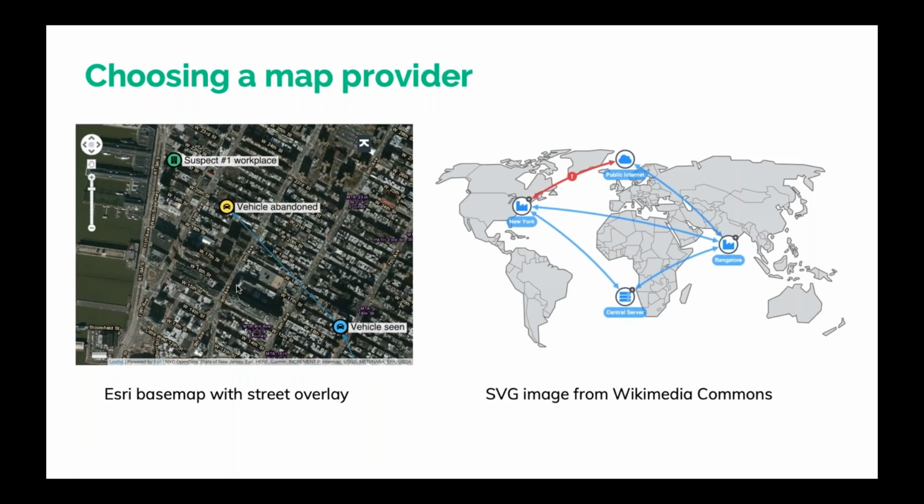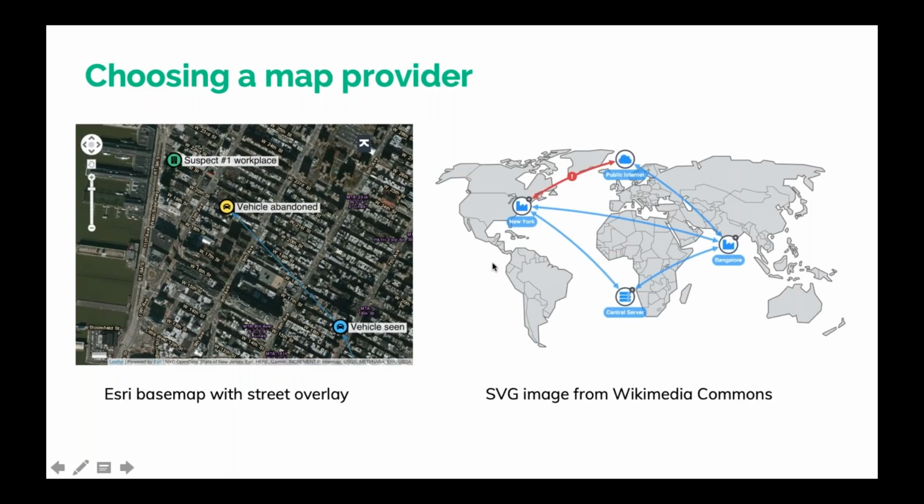Very useful in this case. It's a law enforcement use case. We're trying to understand a crime and how a crime unfolded, and it's pretty useful to be able to see the streets, to see the satellite imagery, and to understand exactly where things happened. And a lot of information is very important here.